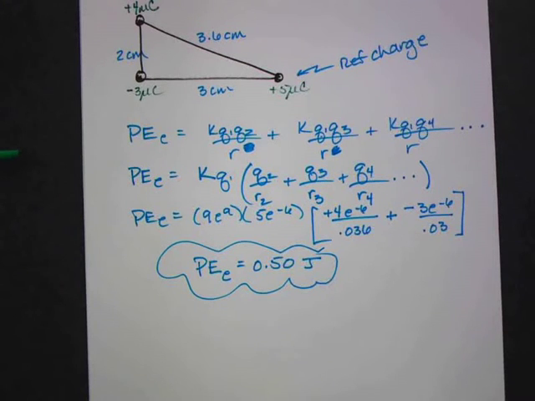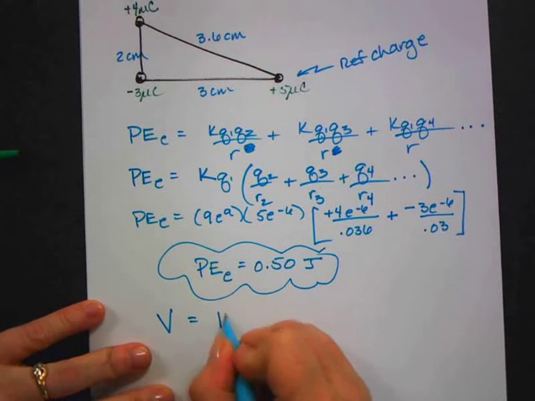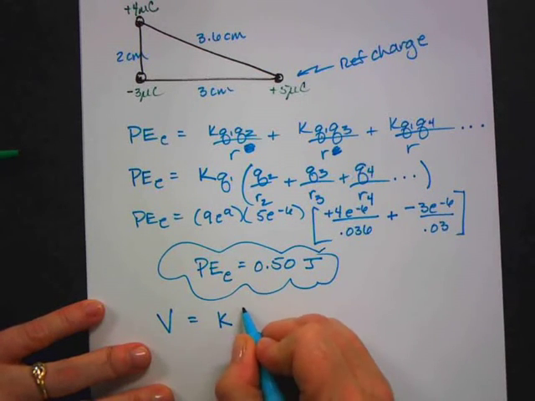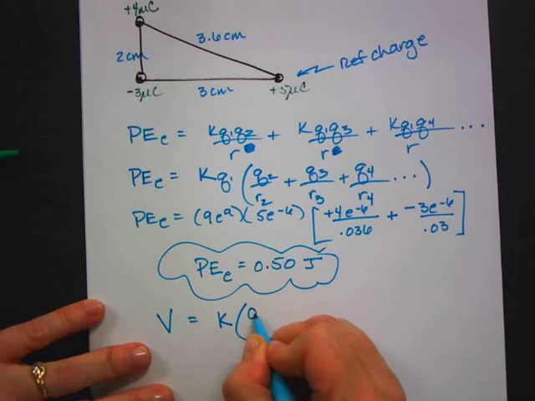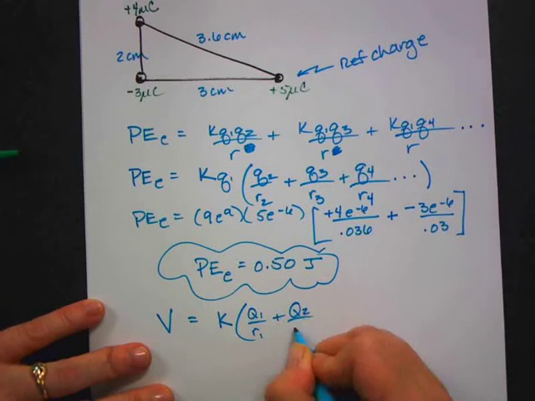And then if you look at the board, voltage is either the total potential energy divided by the test or reference charge, or you could do K, Q over R, and it would be K, Q1 over R1, plus K, Q2 over R2, plus K, Q3 over R3, dot, dot, dot. So let me write that down for you.